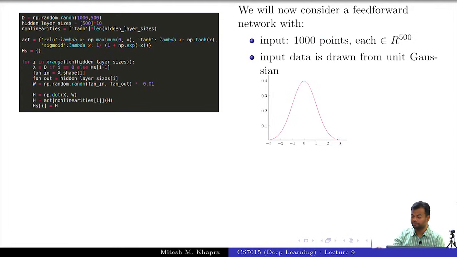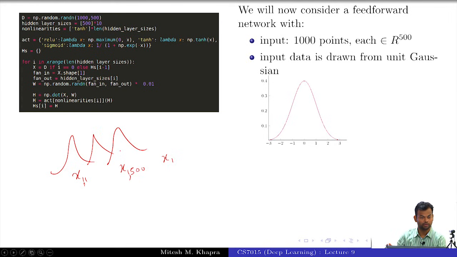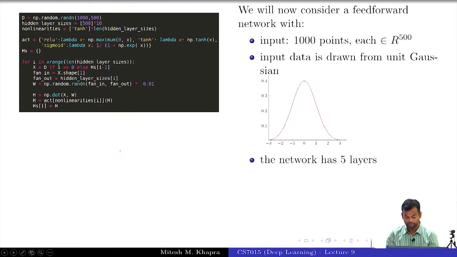And the input data is drawn from a unit Gaussian. What I mean by that is you have x11 to x1 500, right, for the data instance 1. So all of these 500 dimensions come from a unit Gaussian. Is that fine? So this comes from a unit Gaussian, this comes from a unit Gaussian, and so on. Okay, that's what I'm going to assume.